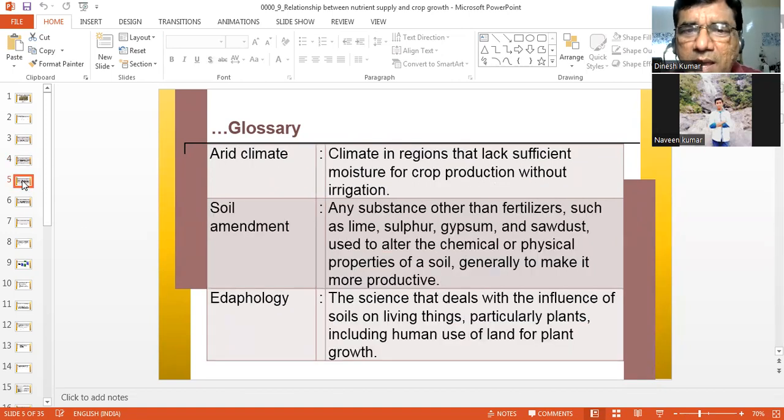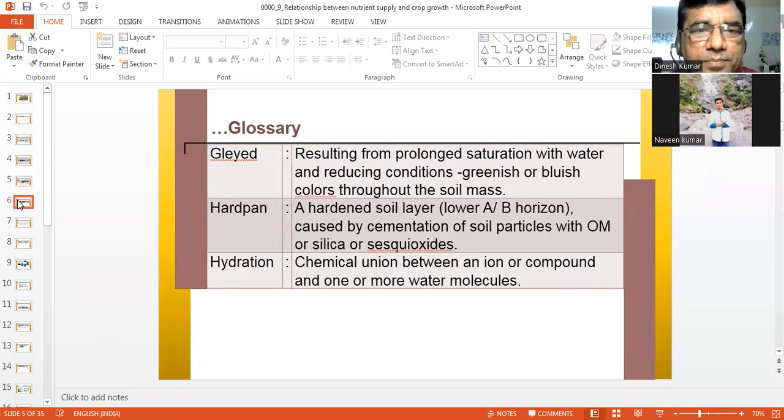Arid climate: climate in regions that lack sufficient moisture for crop production without irrigation. Soil amendment: any substance other than fertilizer, such as lime, sulfur, gypsum, sawdust, used to alter the physical or chemical properties of a soil, generally to make it more productive. Edaphology: the science that deals with the influence of soils on living things, particularly plants.